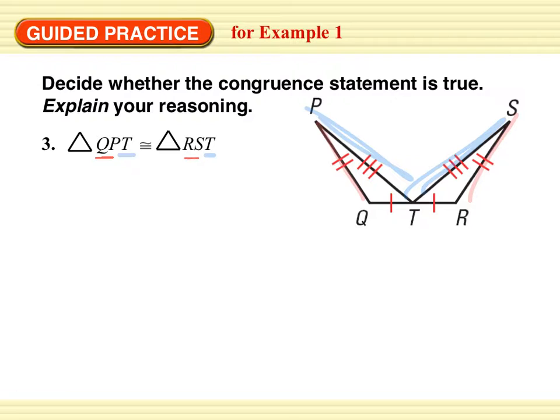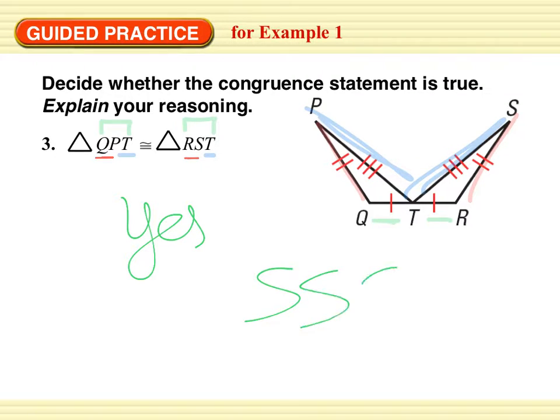And then we'll check the last one, QT to RT. It's here with 1 and 1, so we can say yes, this congruency statement is valid, it is true, by the side, side, side postulate. Notice we're not marking any angles here. So as soon as we can show all 3 sides are congruent, we can prove that the triangles are congruent by the side, side, side postulate.